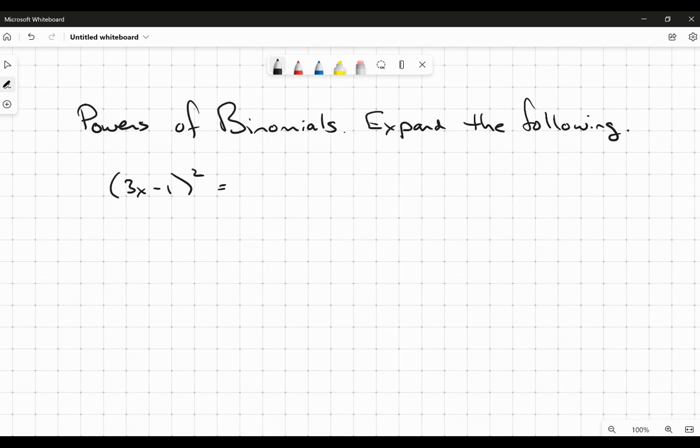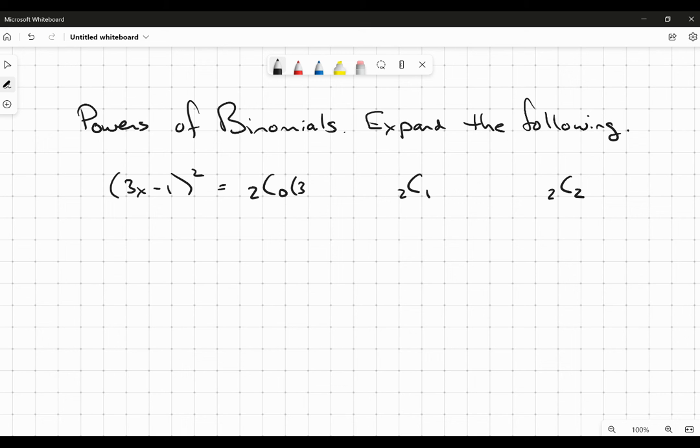So to start off with, what I've got here is 3x minus 1 squared. Now, because the exponent is 2, I'm going to start off with writing down parts of my coefficient. So I know it's going to be 2 choose 0, 2 choose 1, and 2 choose 2. I know there's going to be 3 terms because I'm going to list my combinations off from 0 up to the exponent.